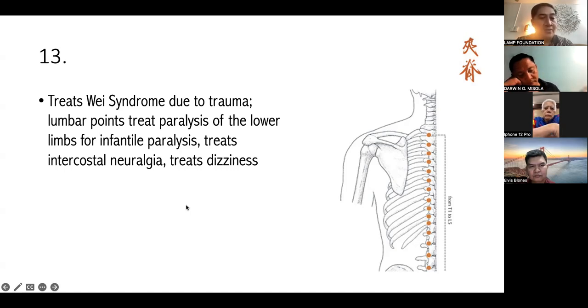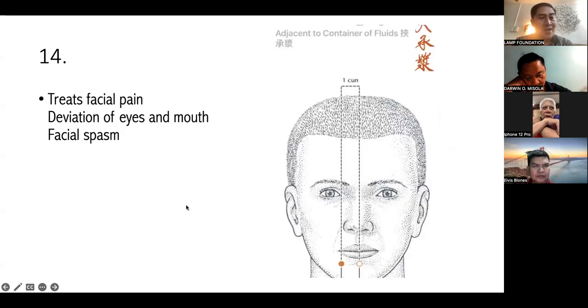Okay, it treats Wei syndrome due to trauma, lumbar points, treat paralysis of the lower limbs for infantile paralysis, treats intercostal neuralgia, and treats dizziness. What do you call this set of points? Huwato GRD, Doc. Wow. Okay, bawal yata dito magkamali.